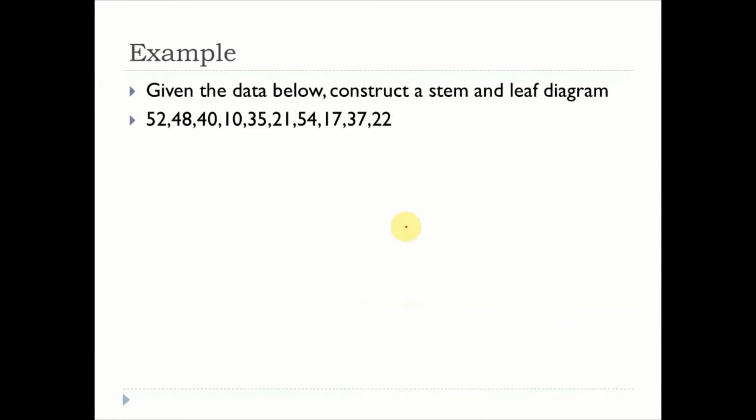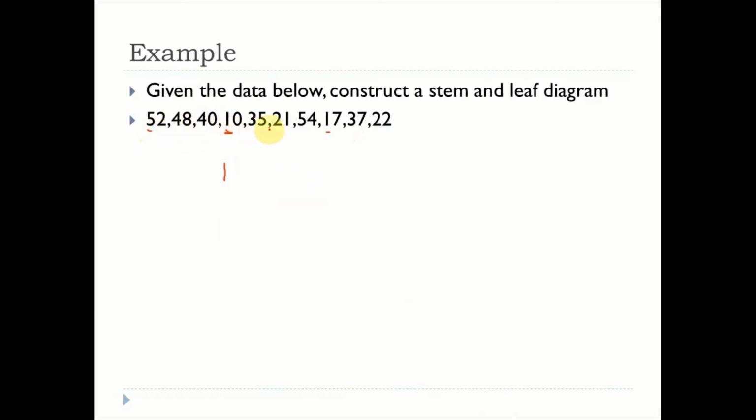So we go to an example. Given the data below, construct a stem and leaf diagram. So let's try to construct. First thing first, we are going to look at the front numbers, all the front numbers, what is the smallest one? From this set of data, the smallest number is 1. There is nothing smaller than that. So your stem should have 1.